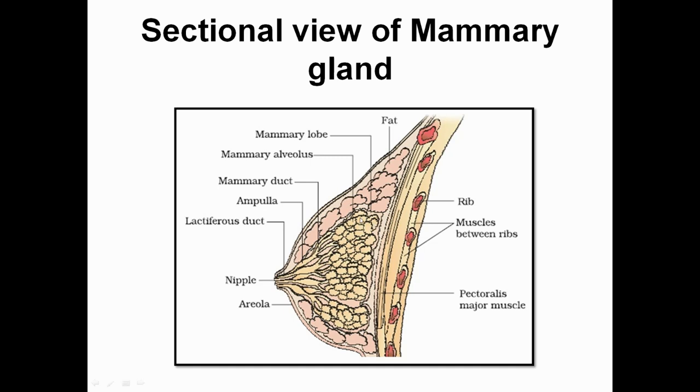There are 15 to 20 lobes present in a single gland, and they terminate into the alveoli, then again into the mammary duct, and the swelling portion is referred to as the ampulla. Ultimately they merge into the lactiferous ducts, and the outer part is the nipple, and the outer membrane is referred to as the areola.